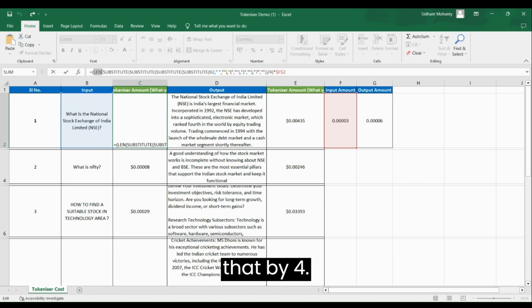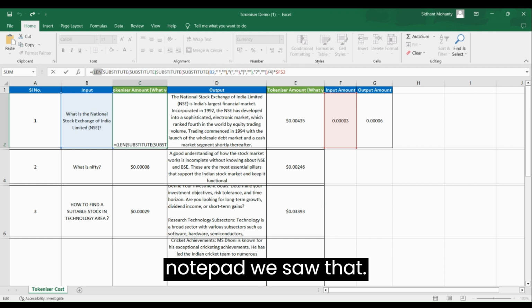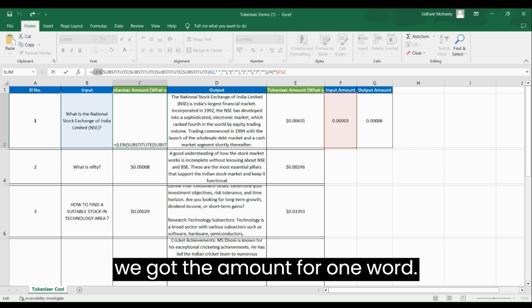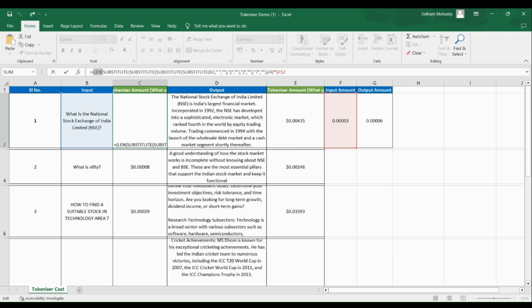And then we divide that by 4, because in the notepad we saw that one word can have 4 characters on average. So we got the amount for one word.